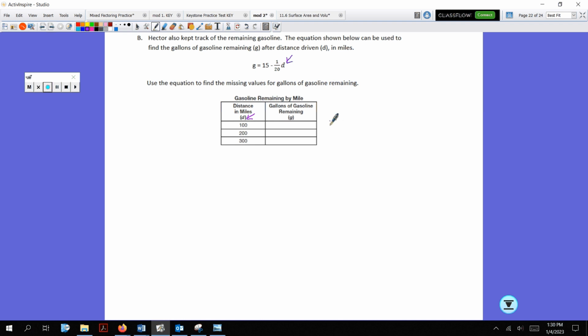So 15 minus 1/20 times 100 gives me 10. And for this one, 15 minus 1/20 times 200 is going to give me 5. This one is going to be 15 minus 1/20 times 300. That's going to be 0. You're going to be out of gas. That's not good.